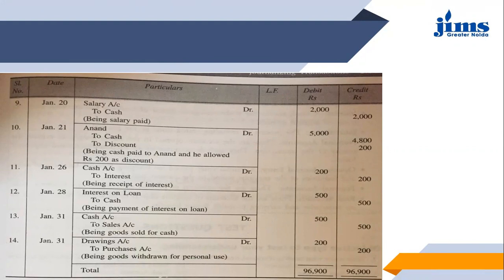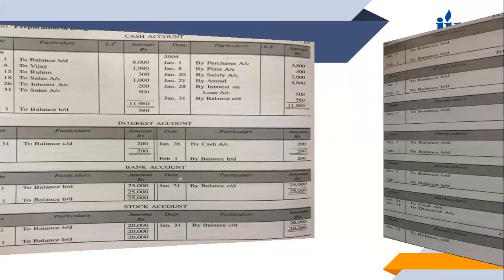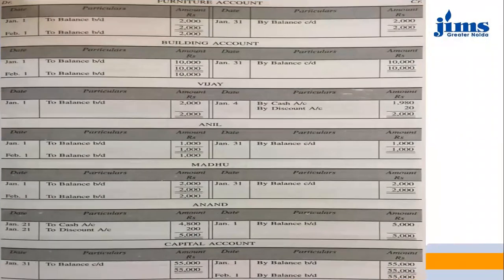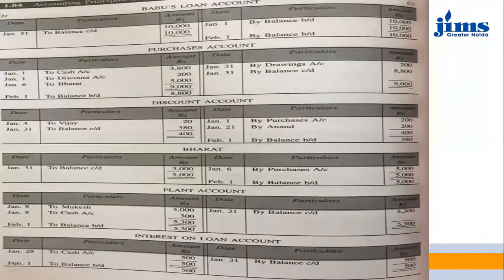And last is this drawings to purchases account. Drawings account is the new account that you need to prepare. So drawing account will be prepared and purchases account we have already prepared. So let's take up the purchase account first. Purchase account is getting credited here. So for this, you have to make a credit entry in the purchase account. See, purchase account is getting credited for 31st January by drawings account 200.